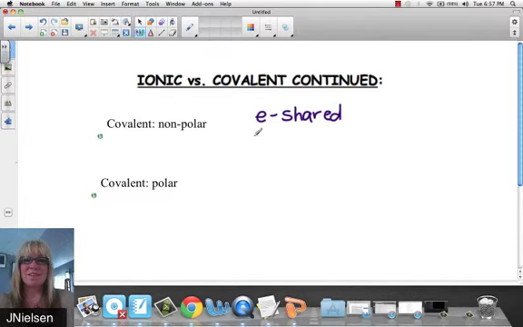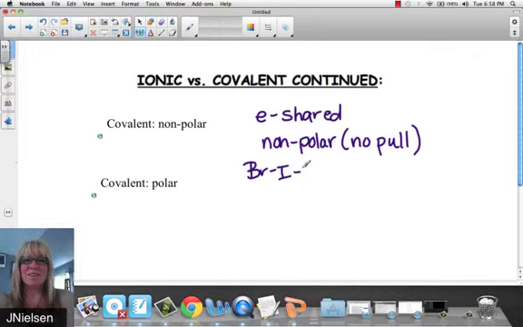Nonpolar basically means no pull. And what that means is one of two things. It means that I'm dealing with a diatomic element, for example, Br2, where there's a zero electronegativity difference.